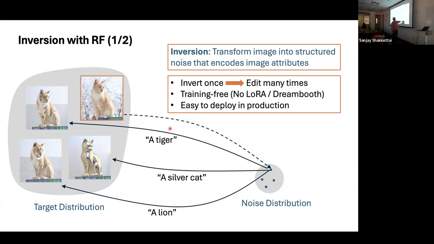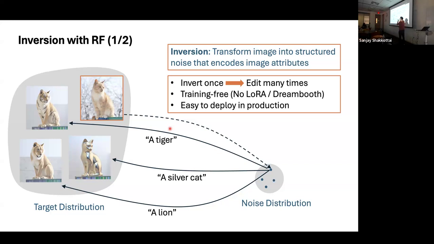So what inversion could potentially do is the following. I'm not saying that this is the inversion with the rectified flow field, but what you could potentially do is take a cat image, invert it all the way back to noise. Presumably this particular noise sample encodes something about this cat.